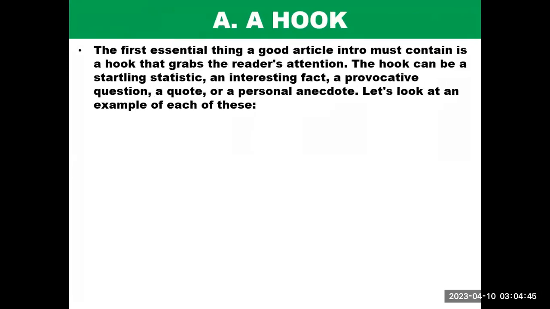The first essential thing a good article intro must contain is a hook that grabs the reader's attention. The hook can be a startling statistic, an interesting fact, a provocative question, a quote, or a personal anecdote. Let's look at an example of each of these.